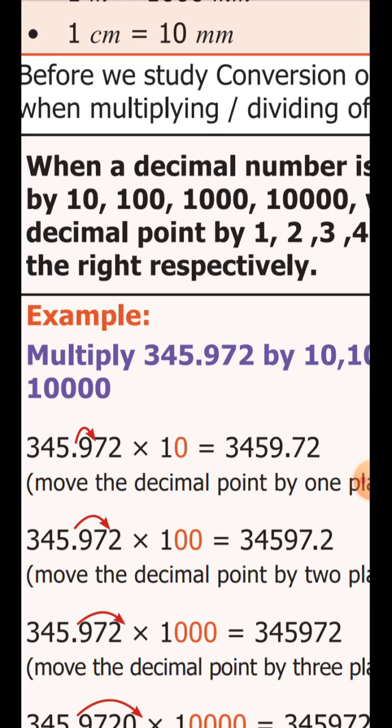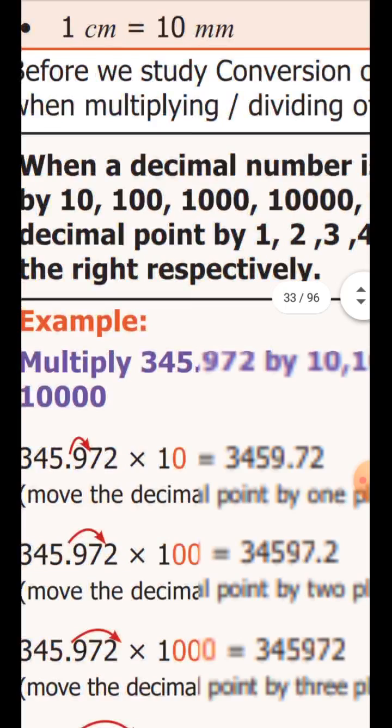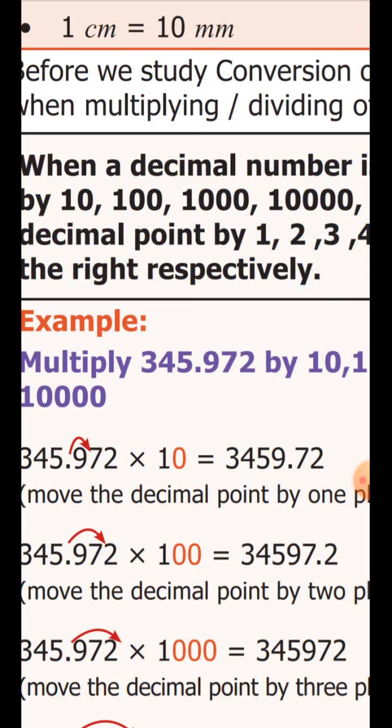Then how can I pronounce that number? Up to the dot you can say it as usual: 345. Then say point, and tell the digits after the point separately: 972. Don't say it as nine hundred seventy-two.